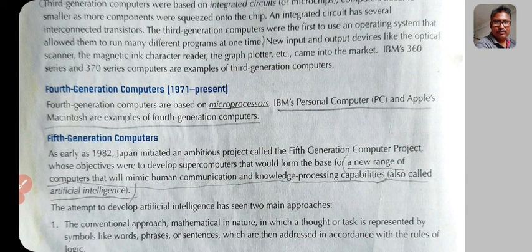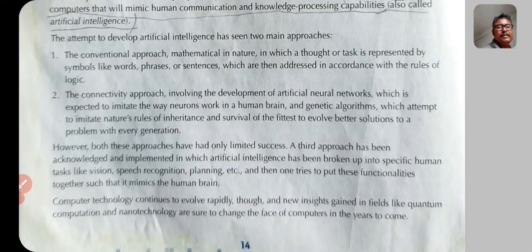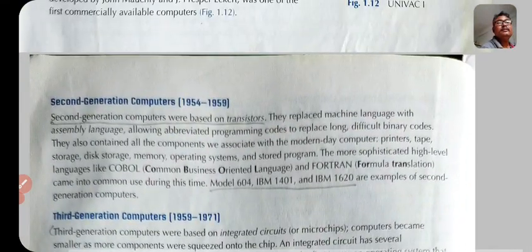In the fourth generation, they started focusing on the microprocessor. Because of that, the computers are also working faster and faster. So today is finished, and chapter 1 has been completed.